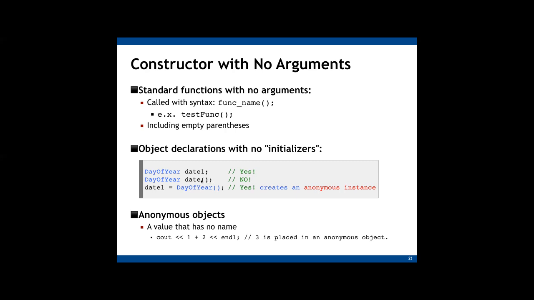The name of the function is date, this function does not receive any arguments, and it returns an object of the DayOfYear class type. So this is a function declaration syntax.